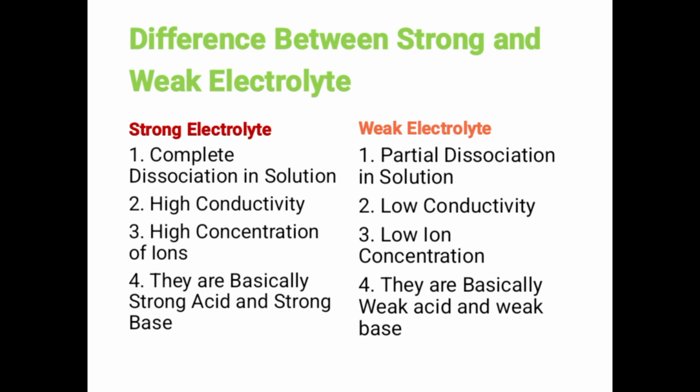For a strong electrolyte, there is a high concentration of ions. In a weak one, we have a low concentration of ions. Strong electrolytes are basically strong acids and strong bases, and of course normal salts, while weak electrolytes are basically weak acids and weak bases.